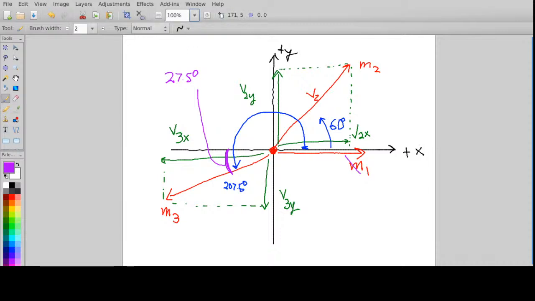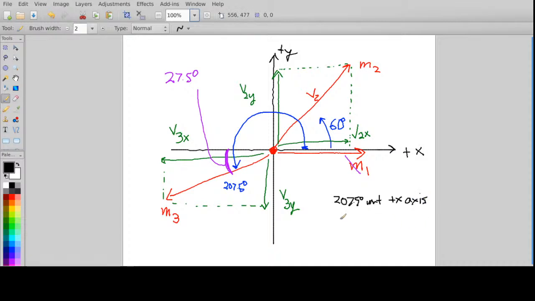Okay, so just to be very clear, you could either say 207.5 degrees, with respect to, that's WRT, sorry about that, with respect to the positive x-axis. Okay, like that, which is the way we've been doing it up till now.